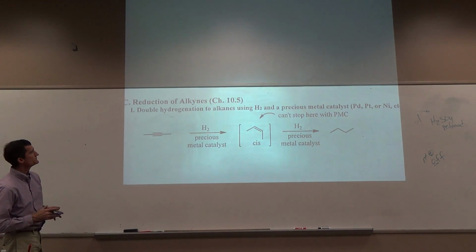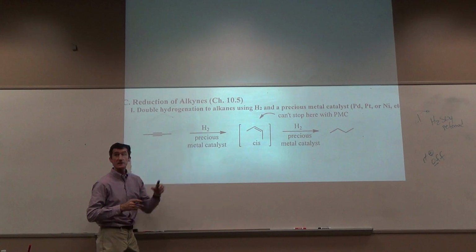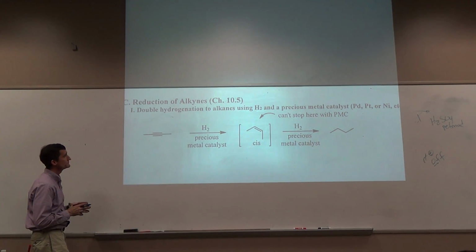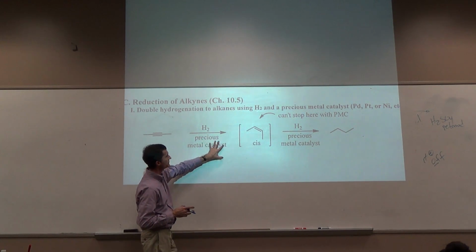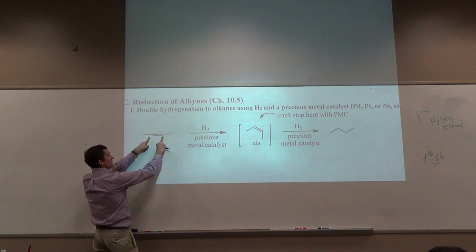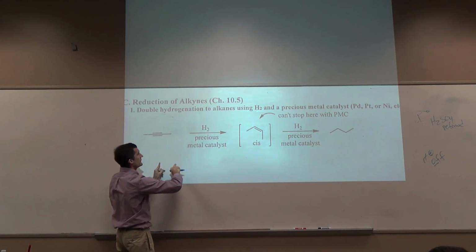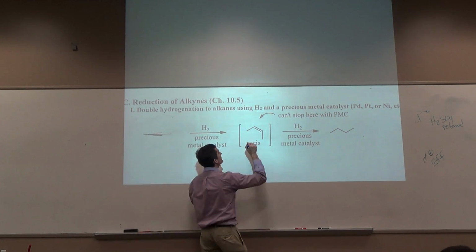Okay, reduction. We can do hydrogenation: hydrogen, an alkyne, and a precious metal catalyst like platinum or nickel. Basically, we add two H's. How do we add H's from a metal catalyst like this? Syn or anti?